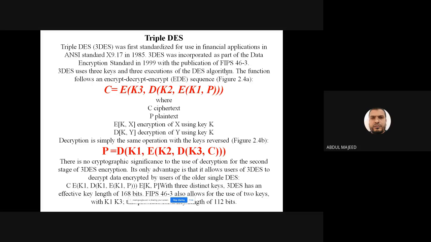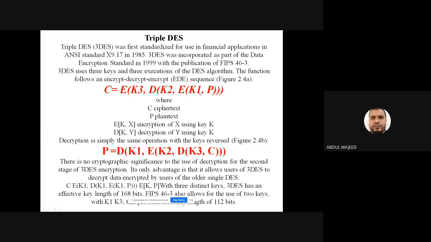The opposite of this encryption is the second red color equation, for decryption. You can read that from the right hand side too. First you take the final ciphertext and decrypt it with the help of key K3. Decryption means reverse. Here we took K3 at last, so here we take K3 first.